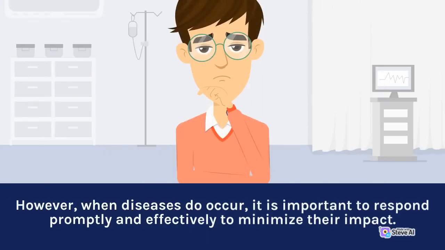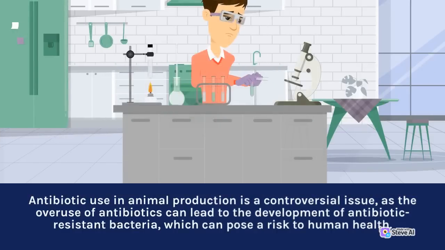However, when diseases do occur, it is important to respond promptly and effectively to minimize their impact. Antibiotic use in animal production is a controversial issue, as the overuse of antibiotics can lead to the development of antibiotic-resistant bacteria, which can pose a risk to human health.